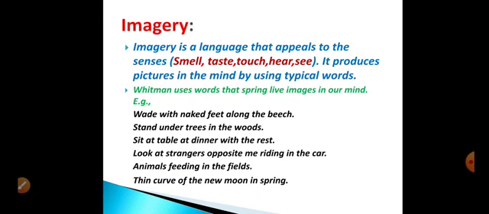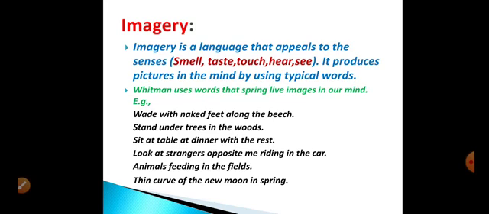The literary technique, the literary device, or the figure of speech that's used in poetry to give a variety of meaning, that is imagery. What's this imagery? Imagery is a language that appeals to the senses.